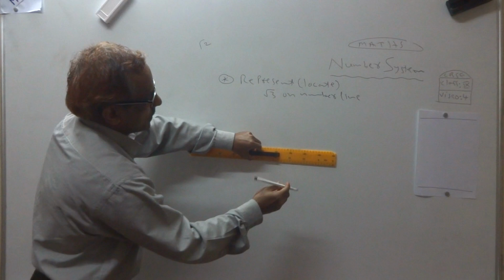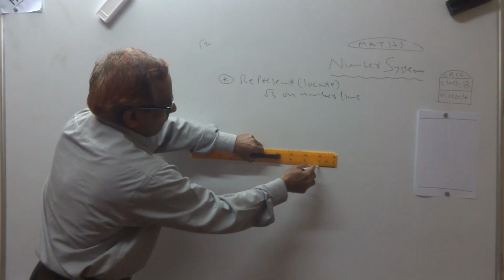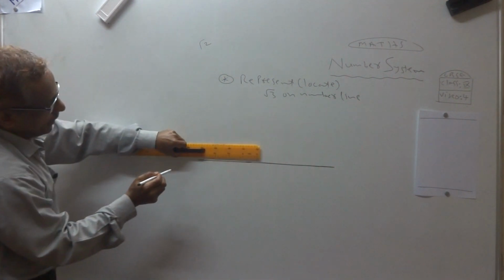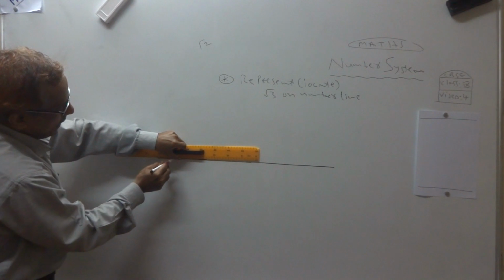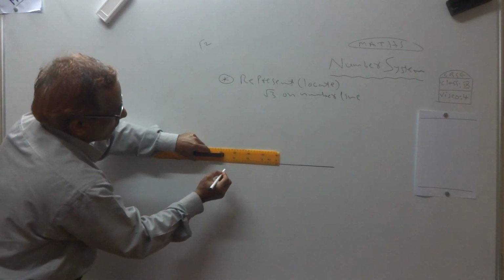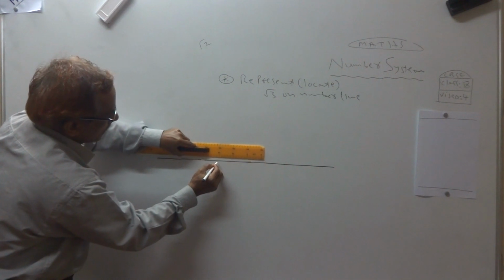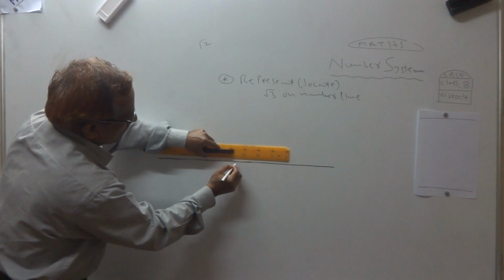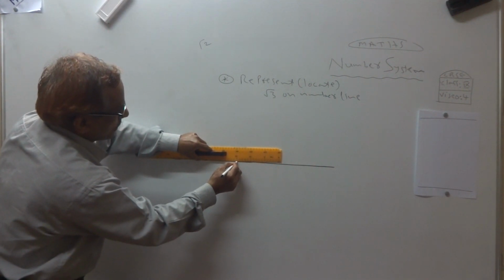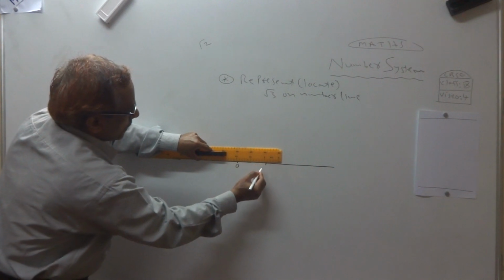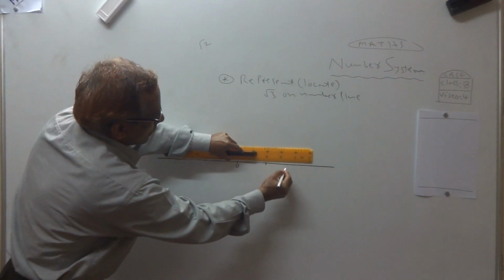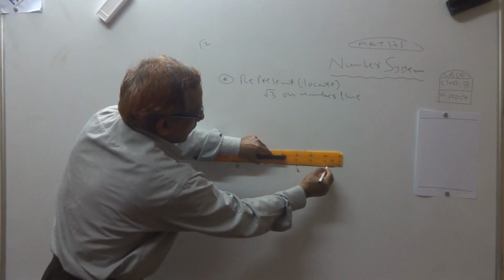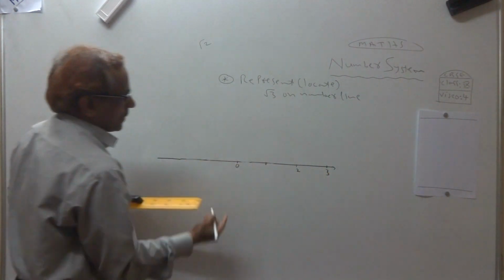So see, this is my number line, and I am taking 1 centimeter. This is my 0, this is 1, then this is 2, then this is 3, like this.